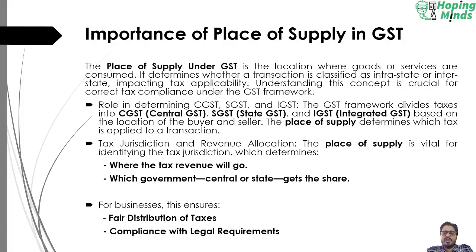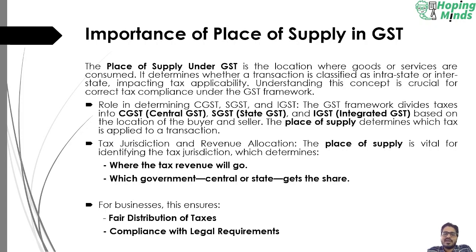In case of domestic versus international transactions, Section 12 deals with domestic transactions, whereas Section 13 deals with international transactions. So domestic transactions, that is Section 12, applies when both the supplier and recipient are located within India. The rules are designed to allocate the taxes between the center and the state based on the consumption.